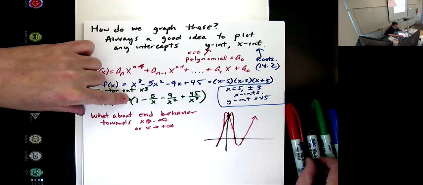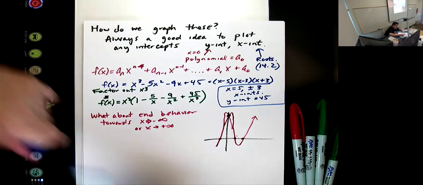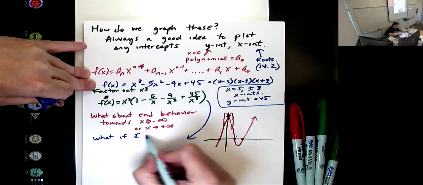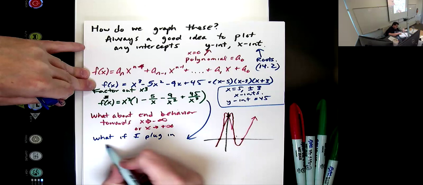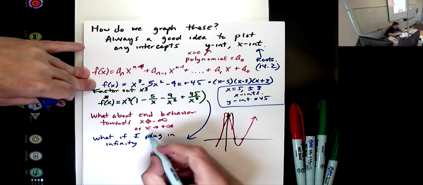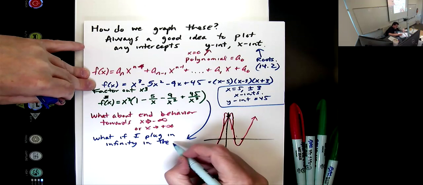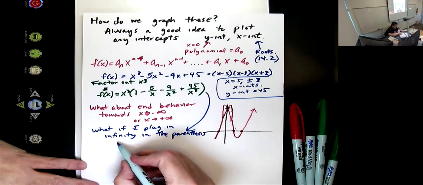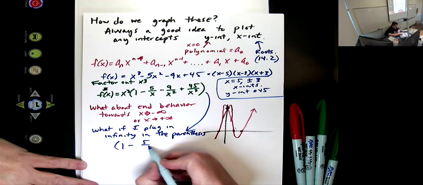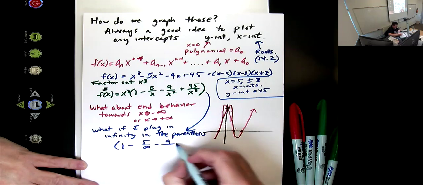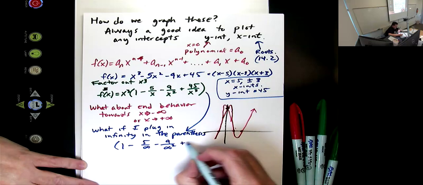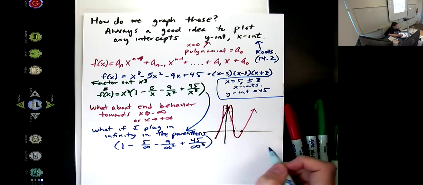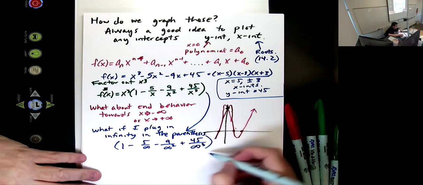Ignoring the x cubed out front, what if I plug in infinity in the parentheses for x? I have 1 minus 5 over infinity, minus 9 over infinity squared, which doesn't even make a lot of sense, over infinity cubed, which makes even less sense. These are all just infinities on bottom.